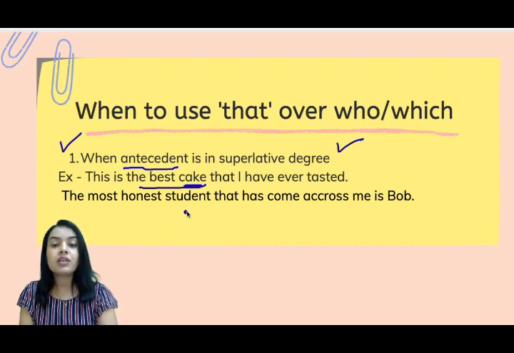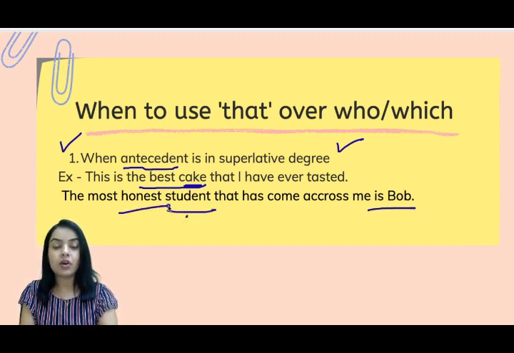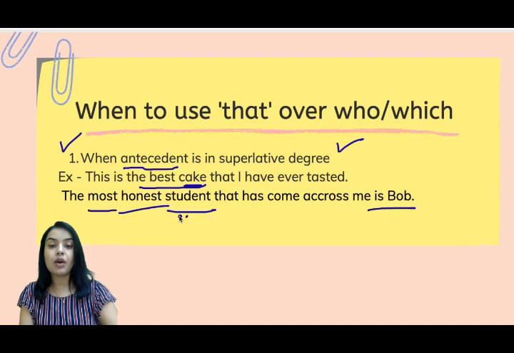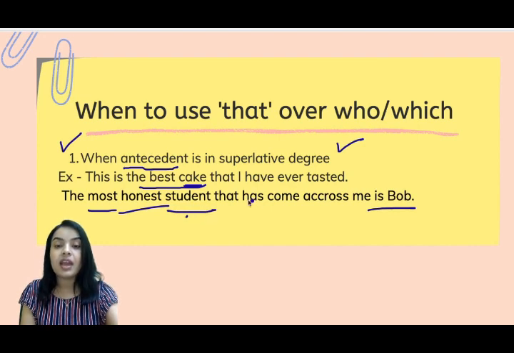The most honest student that has come across me is Bob. Here again, student, not just student but honest student, and not just honest but most honest student. Out of all of my students, he is, I'm using a superlative degree, the most honest student, and that is the person that has come across me, his name is Bob.